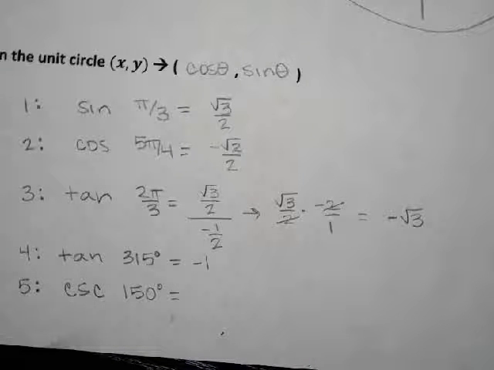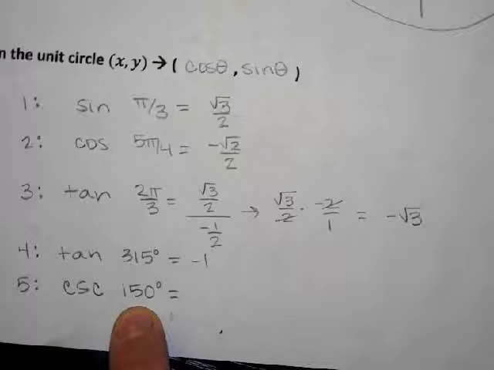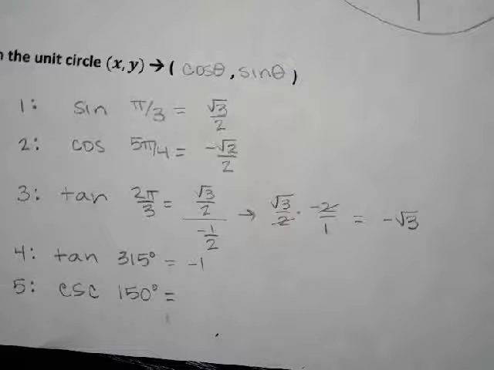Y. Cosecant goes with sine, so it's the y coordinate. So we're going to take the y coordinate and we're going to flip the fraction. So take 150 degrees, look at the y coordinate, flip the fraction. It's 2. Does that make sense? So all we had to do is look at the y coordinate, flip the fraction.